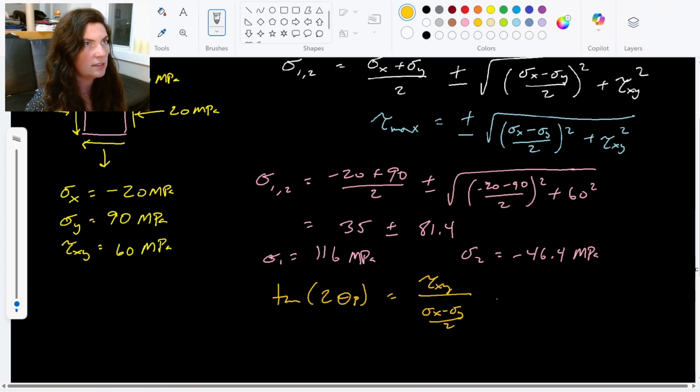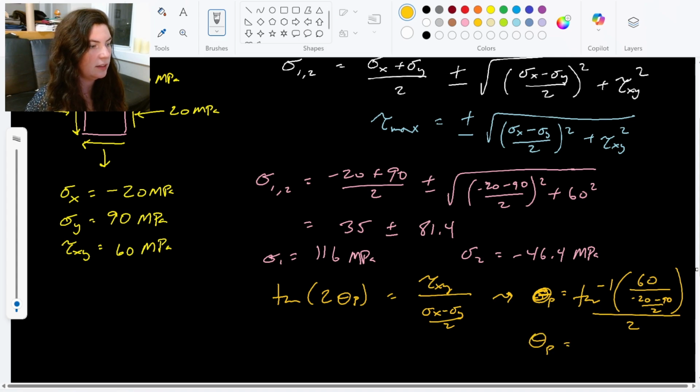If I rearrange this, theta p is going to be inverse tangent of the shear stress, 60, over negative 20 minus 90 over 2, all over 2. Dividing this out gives me an angle of negative 23.7 degrees.